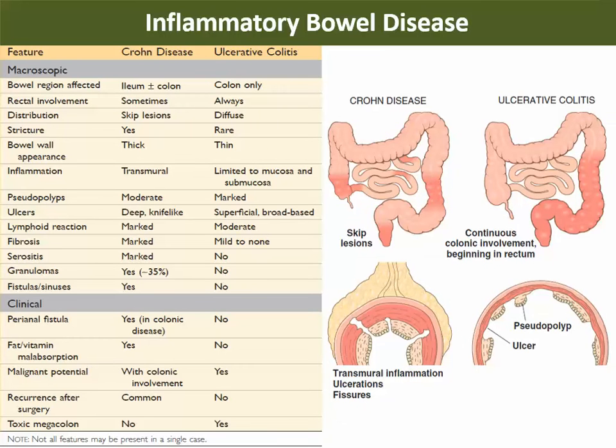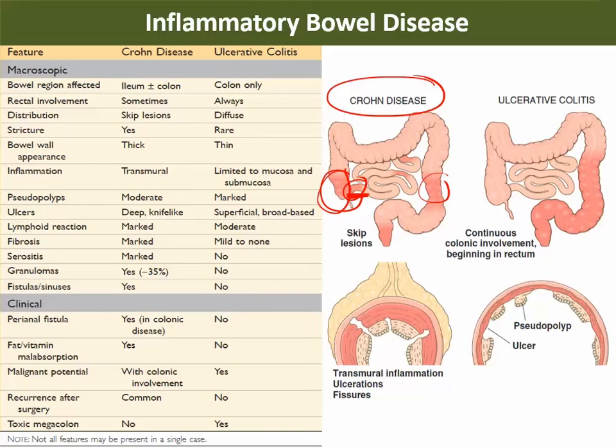Now coming to the difference between Crohn's disease and ulcerative colitis. Remember, Crohn's disease, I said, starts from the ileal region, then it can involve the cecal region. Most commonly it involves the ileal region, and if it involves other parts of the colon, other parts of the large intestine, it will not be continuous.